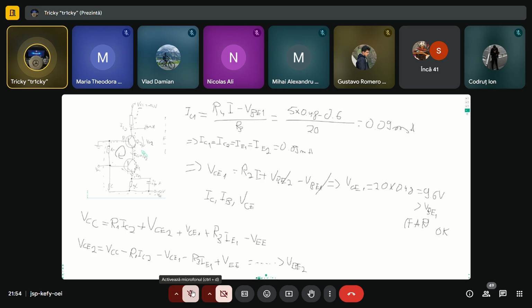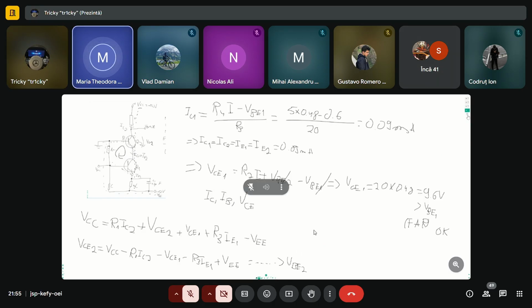You have to find out the currents, you have to find out the voltage across collector-emitter, and everything else you find is just to help you get to these results. But there's no way around it. You're never gonna get an exercise where all you calculate is these values directly. He will make the circuits in such a way that you will have to calculate other things first and then get to these.